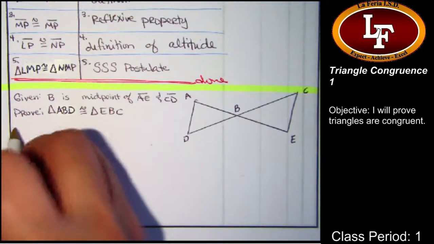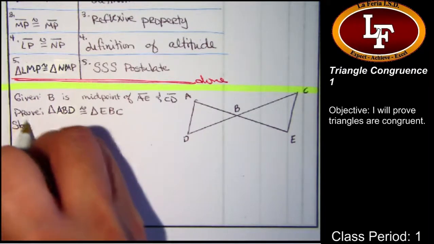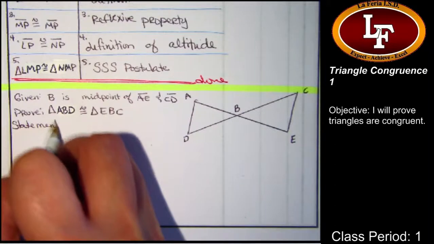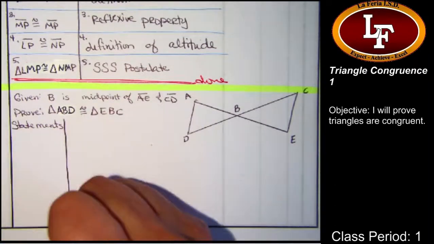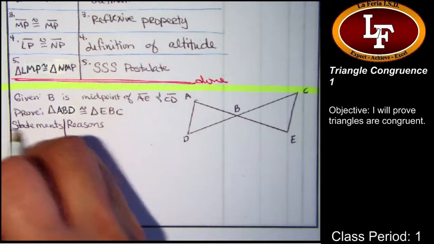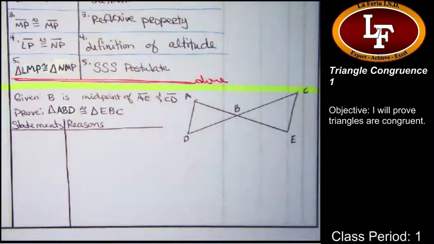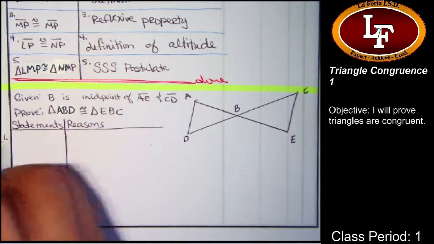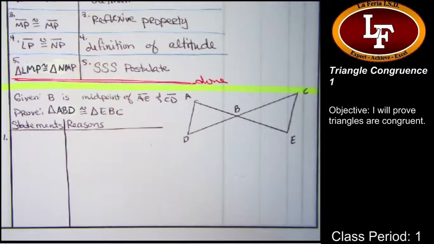All right. So statements and reasons, going straight to the 2-column proof. And I'm going to write really tiny because I didn't give myself very much space. All right, so number 1, I'm going to write my numbers out here and we'll go for the whole line.